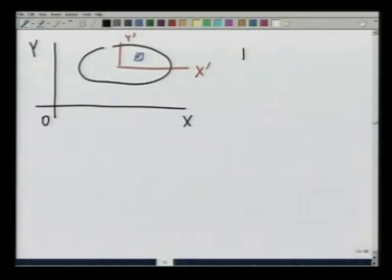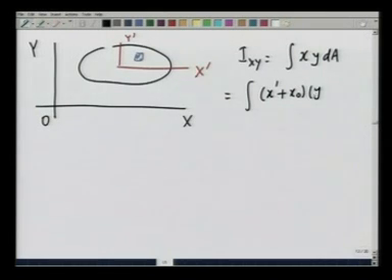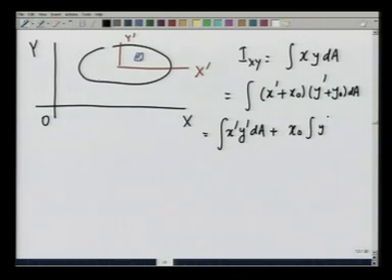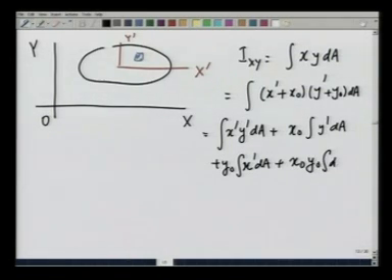The product is I_xy, which is equal to the integral of x y dA, and I substitute for x and y as x' plus x_0, y' plus y_0, dA, which comes out to be the integral of x' y' dA plus x_0 integral y' dA plus y_0 integral x' dA plus x_0 y_0 dA.